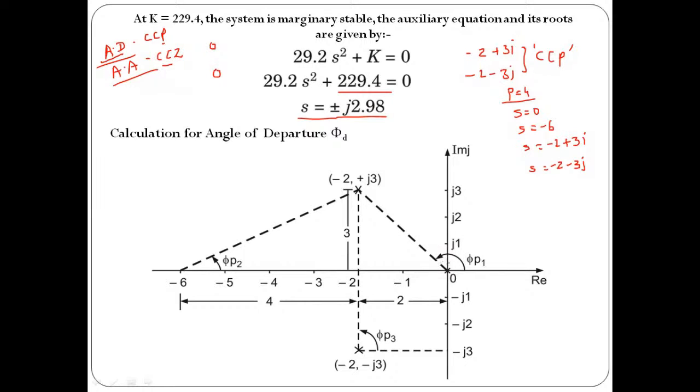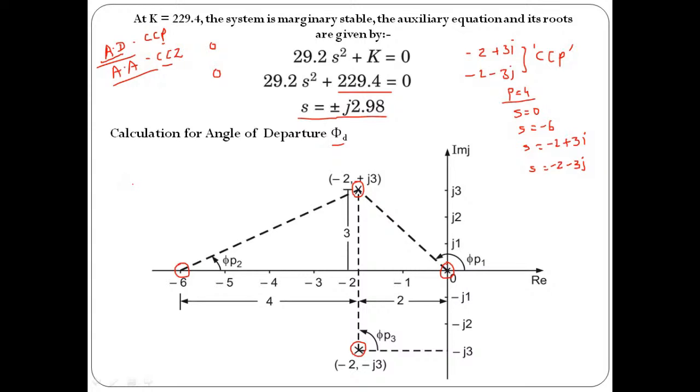All these poles we have indicated on our pole-zero plot. Now the mathematical formula to calculate the angle of departure is 180 minus summation of angles of poles minus summation of angles of zeros.